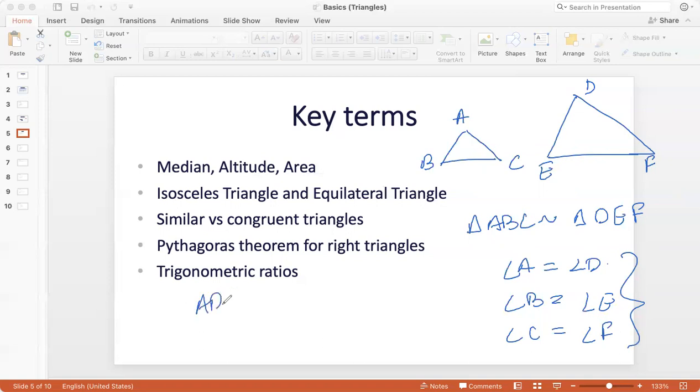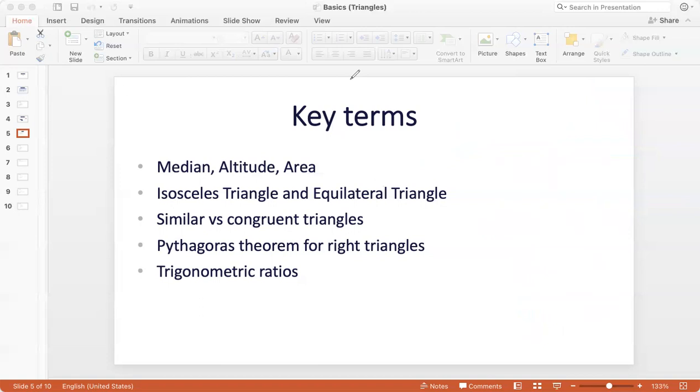Also, AB by DE is equal to BC by EF, and that is equal to AC by DF. So the ratio of the corresponding sides is also equal, right? That's the property of similar triangles.